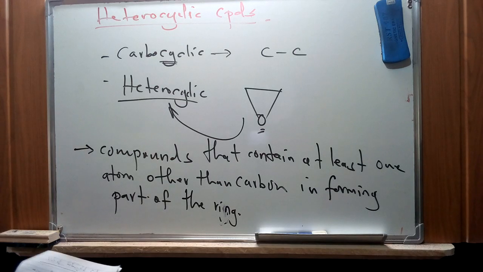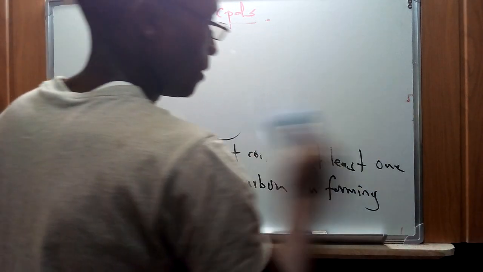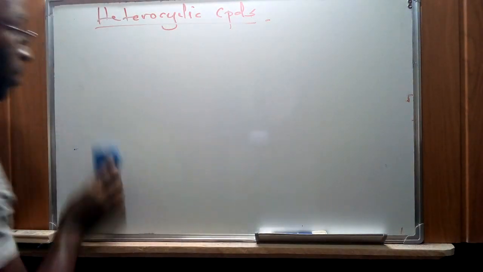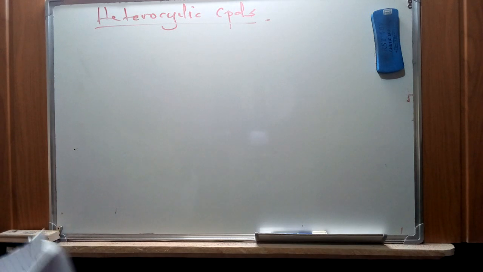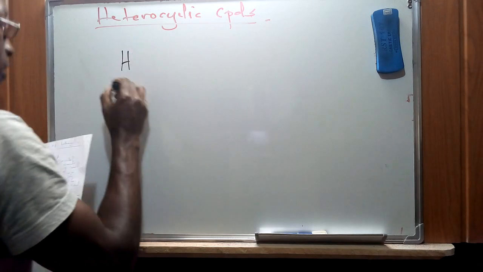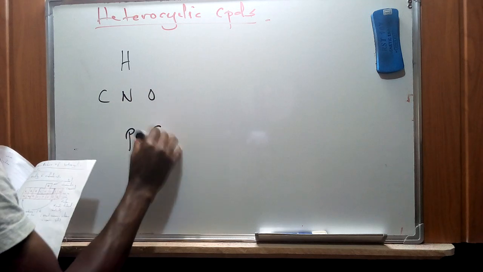Now, as I've demonstrated using the periodic table that I've drawn on the board, there are different atoms apart from the oxygen that I've illustrated that can be used to form heterocyclic compounds. And these atoms, which occur at the central part of the periodic table and are circled in red, I'll just state them for the purposes of note-taking: hydrogen, carbon, nitrogen, oxygen, phosphorus, and sulfur.